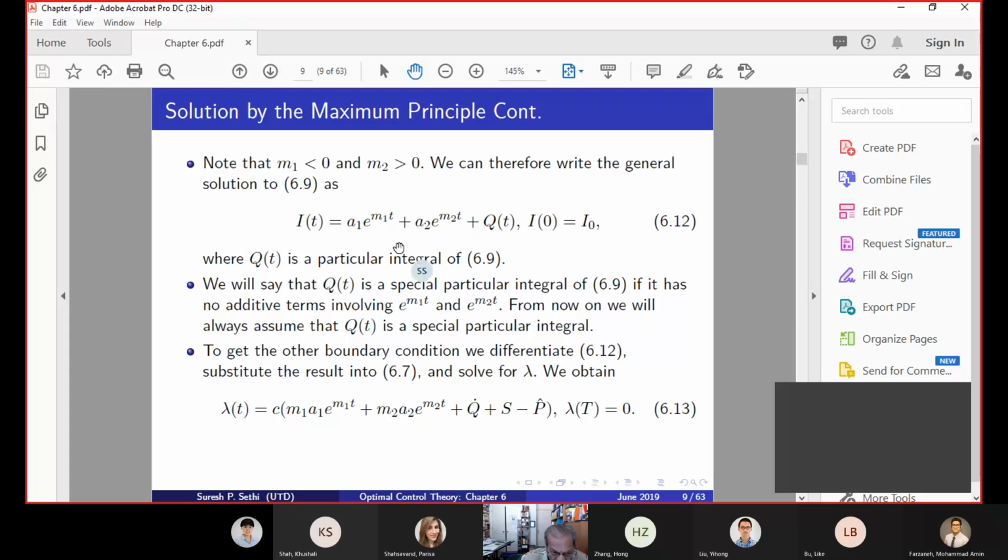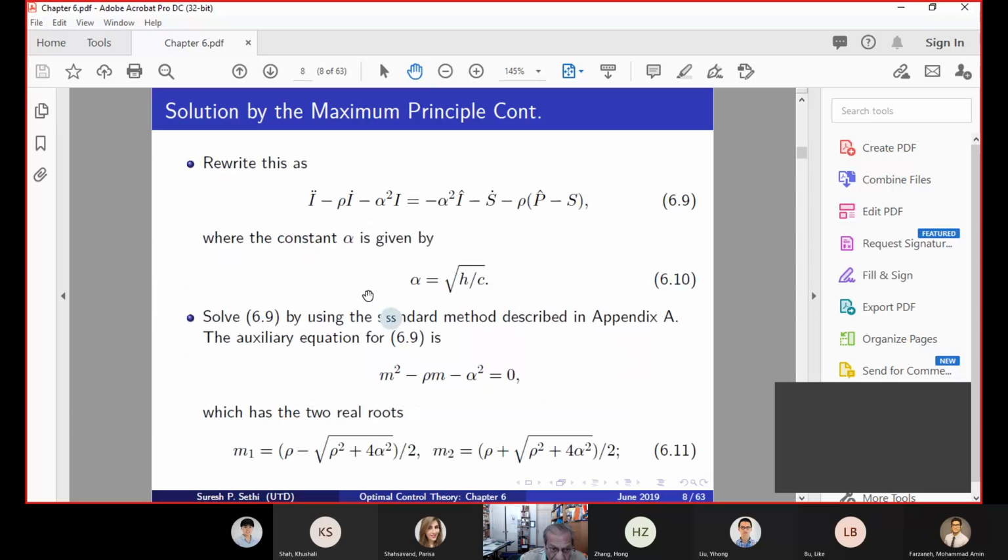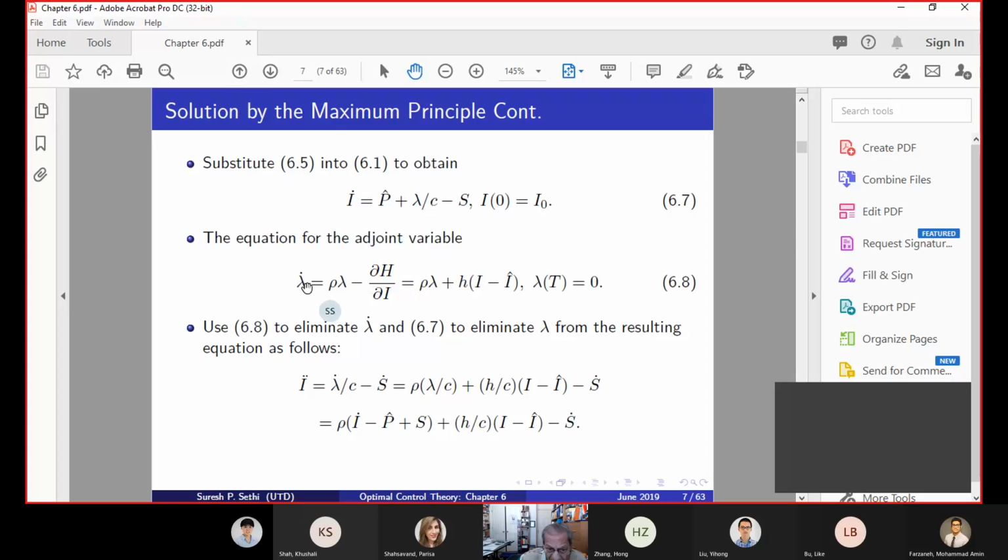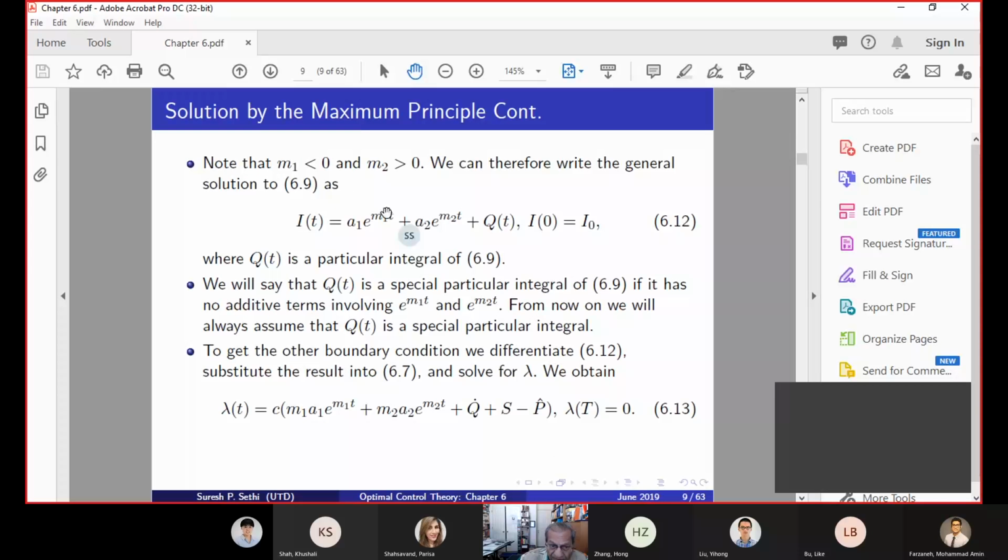Well, I know that lambda dot can be written in terms of I. Now I already know I is given here, this one. So I can substitute that I and I can get a lambda t.